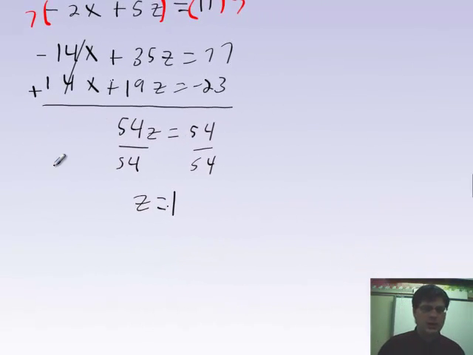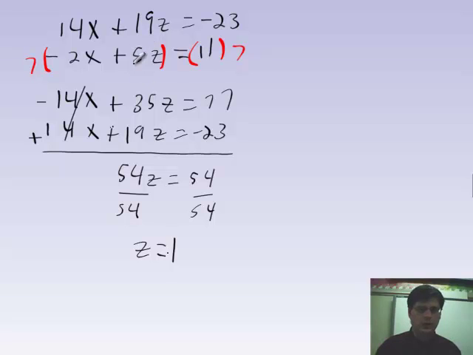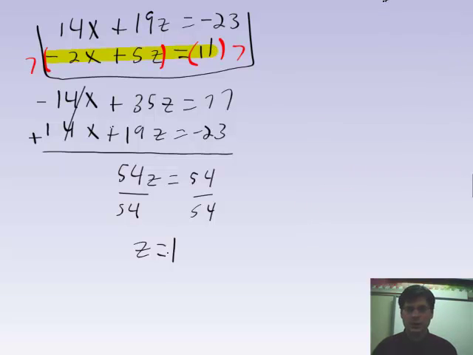So now that I know what z is, I can substitute z into one of these two equations and then find x. I'm going to use the one with smaller numbers, negative 2x plus 5z equals 11. So it's negative 2x plus 5 times 1 is equal to 11.